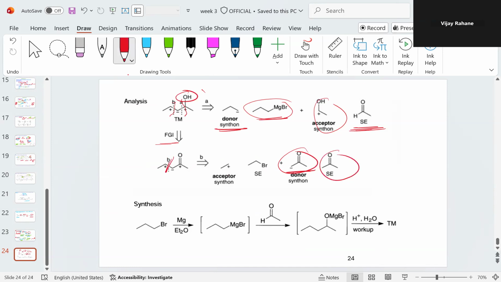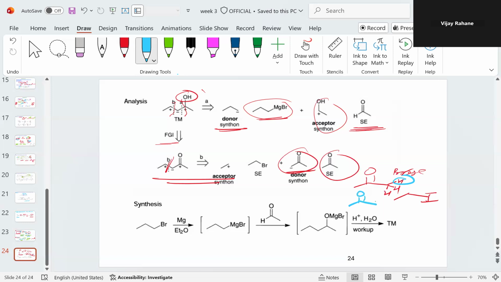So basically, if you try to do the synthesis from this B part, how can we do it? We have this acetone, and we add the base plus this iodide. So the base abstracts the proton from this position, right? So this proton can be abstracted, and it will form the negative charge. So how will it be?